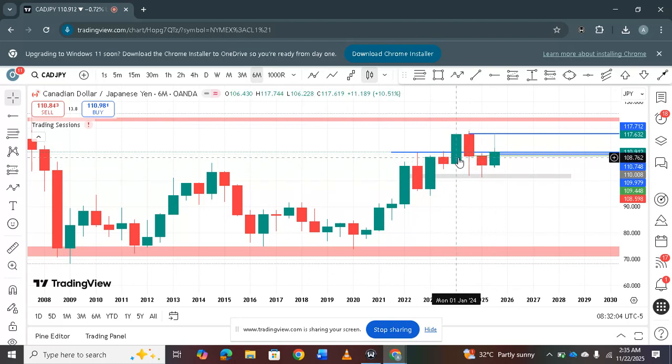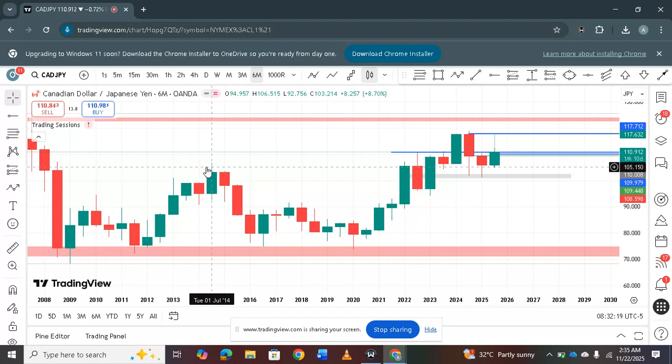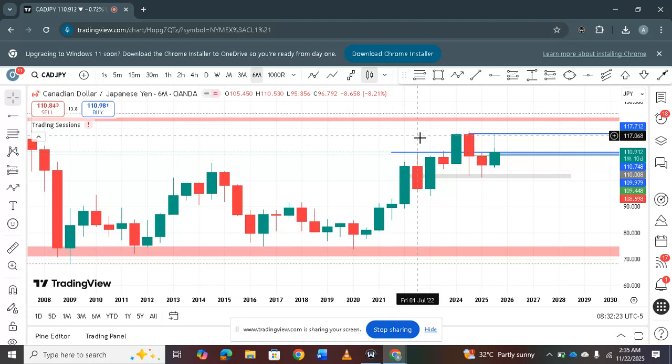That's why it's always good for you to pay detailed attention to everything that happens in the market, right? This was a guy that caused a change in market structure from a low to a high. So we have this change of market structure on a 6 month time frame, which is very big.